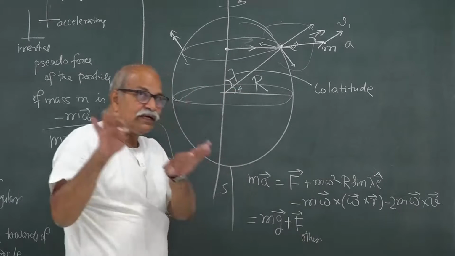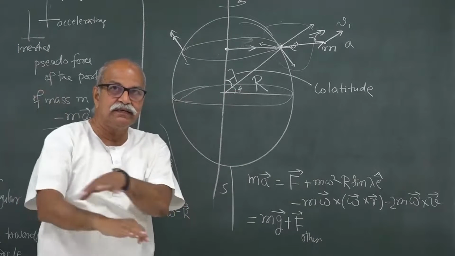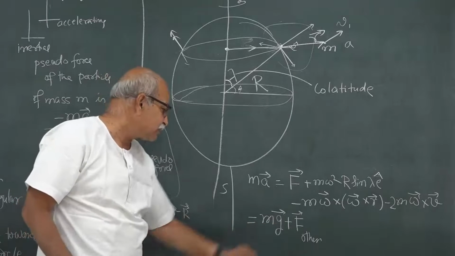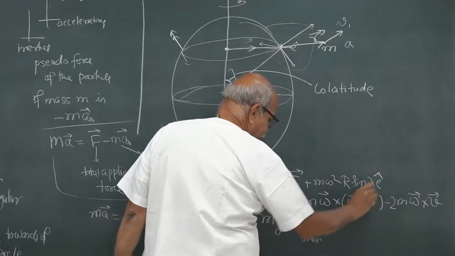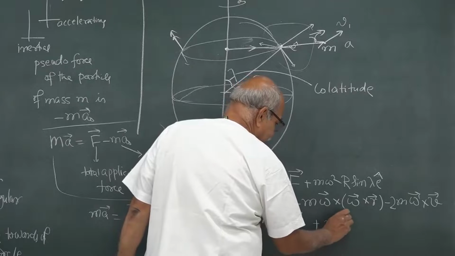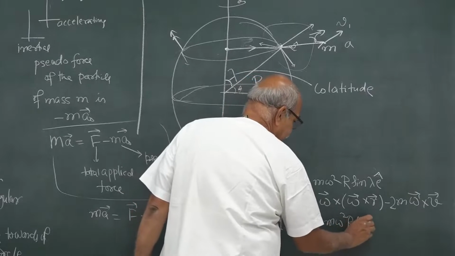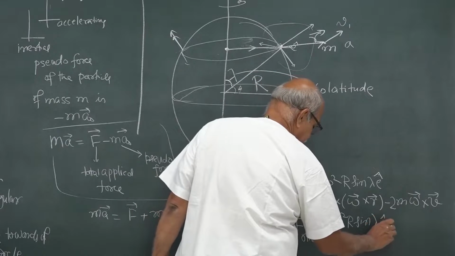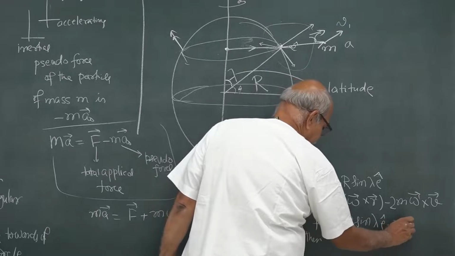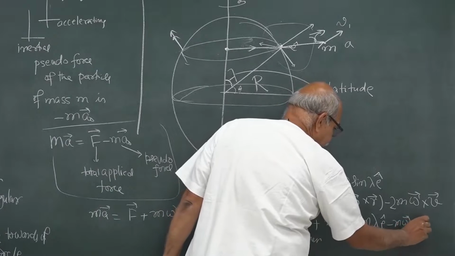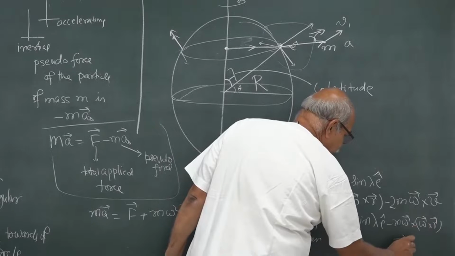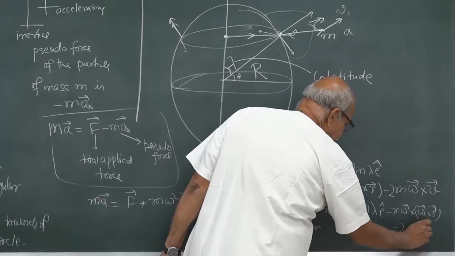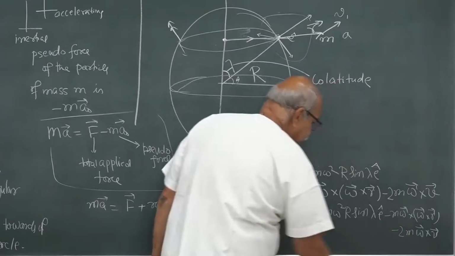If you are only looking at the motion under the gravity, then this will be 0, and then other things, all these things, m omega square r sine lambda E cap, minus m omega cross r, all these things will be there, and minus 2m omega and then cross v, all these things will be there.